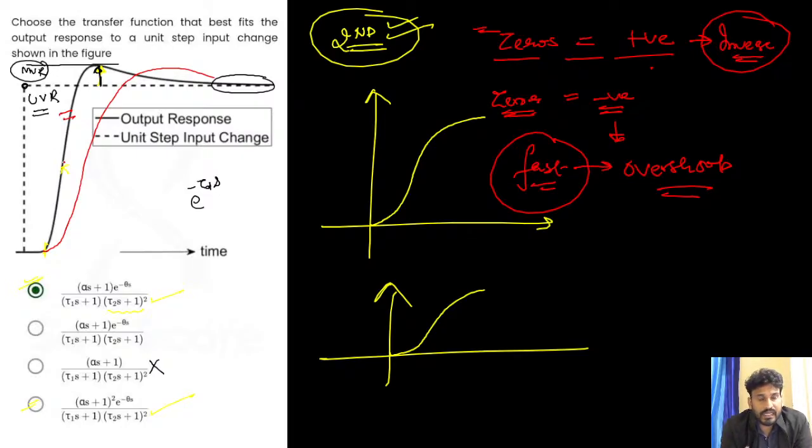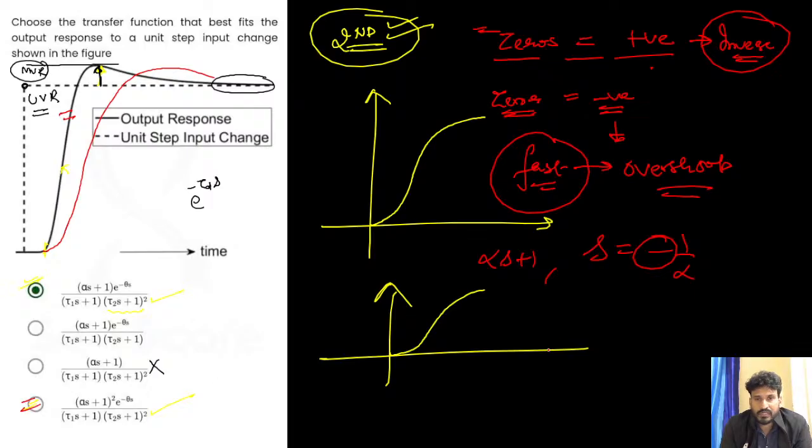So by this graph, I can predict that the system is fast. My response is fast as compared to the normal second order system. So there must be negative zeros. Zeros means the value at which my numerator will be 0. So pick the first option, alpha s plus 1. Calculate the value of s: s is equal to minus 1 by alpha. So that is my zero, which is negative.